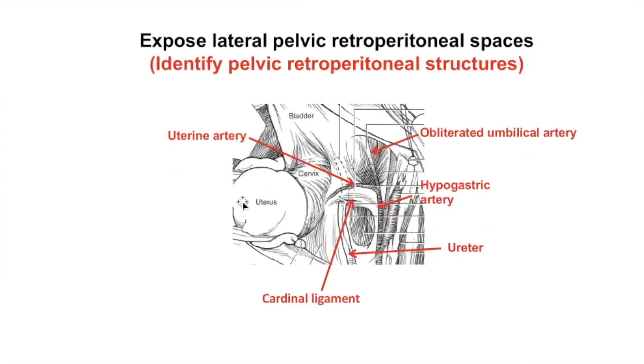Now, once the paravesical and pararectal spaces are open, these are the retroperitoneal spaces, because they're underneath the peritoneum.